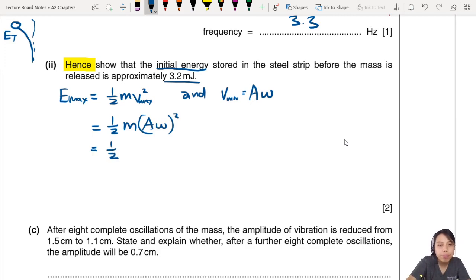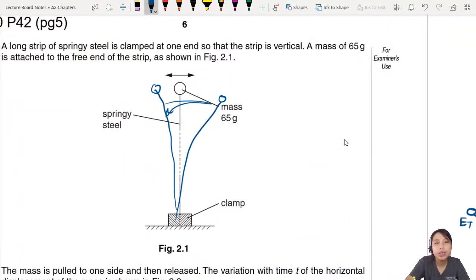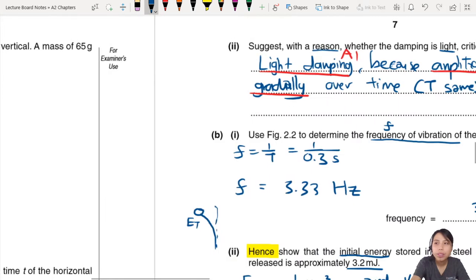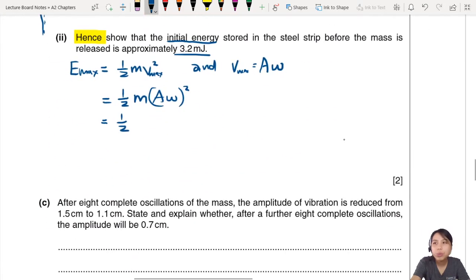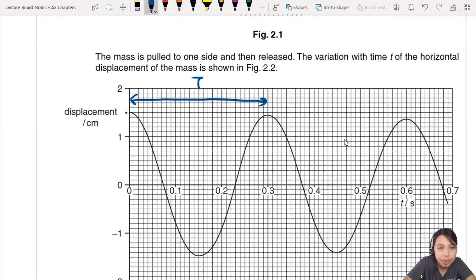So half m is what? What is the m? We're going to look at this bobbing mass m, 65 grams. So our 65 grams would come down here. 65 must convert to kg, so this is in kg. A is amplitude. Have to read from graph, right? Initial energy stored. So initial means at the beginning.